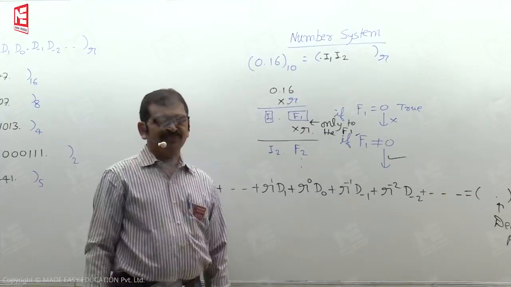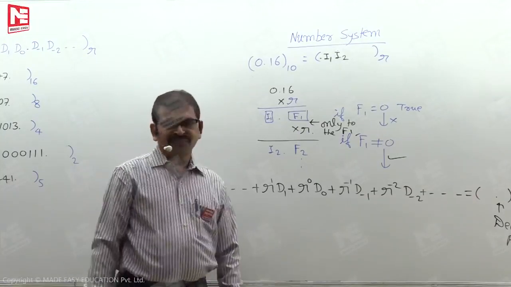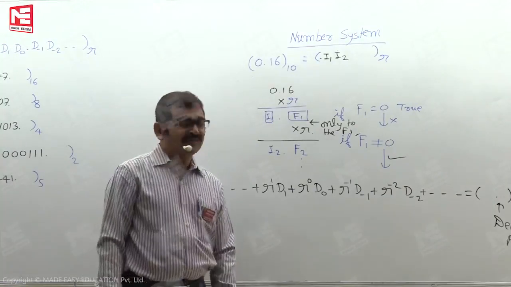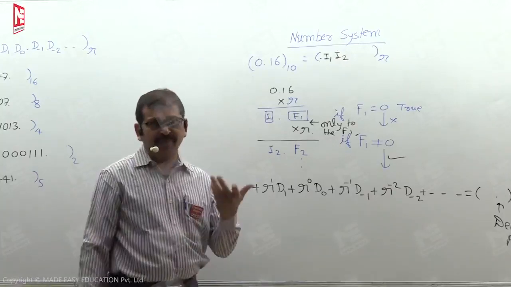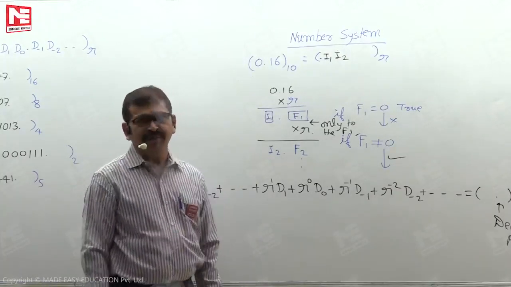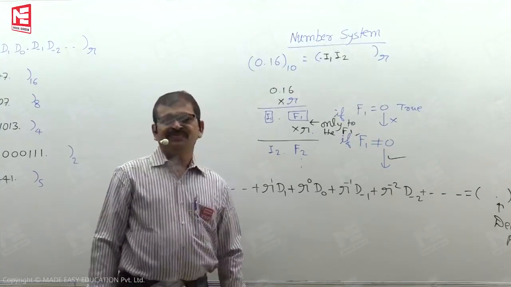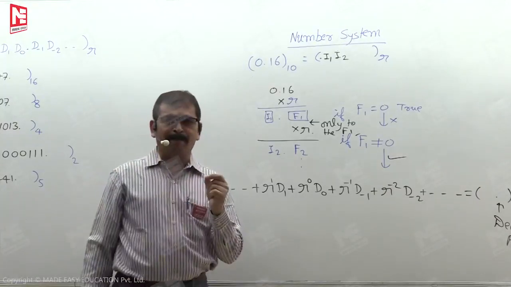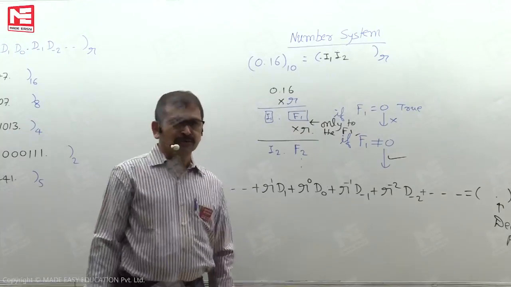But of course, we know it may not be guaranteed that the multiplication always results in a fractional part of 0. With any number of multiplications, there may be a situation where the fractional part never becomes 0. In that situation, the question arises when to stop.